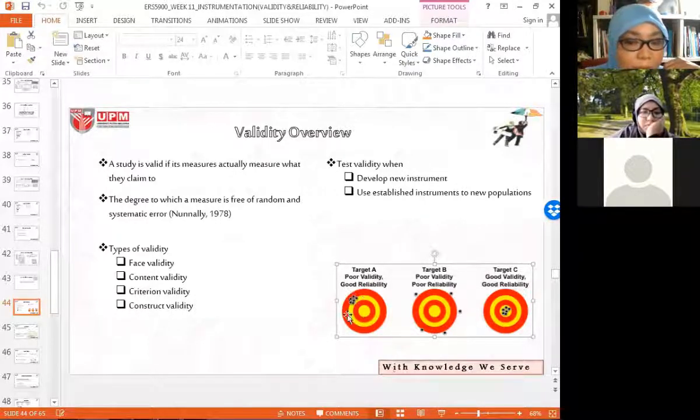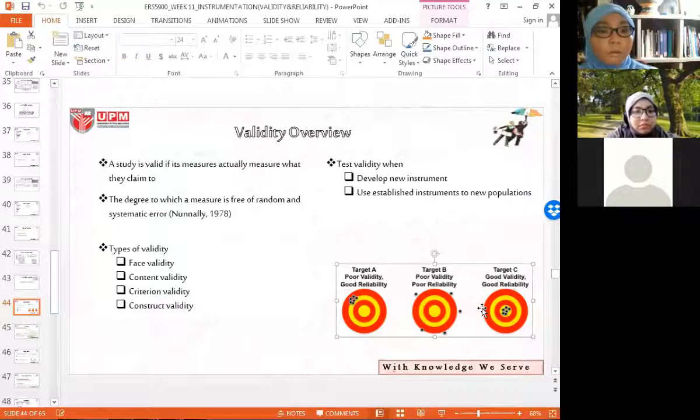In terms of reliability, that is consistency, it means all the items measure a similar thing. But it is not accurate because it is not located at the middle of the board. For the second one, the bullets are spread all over the board.